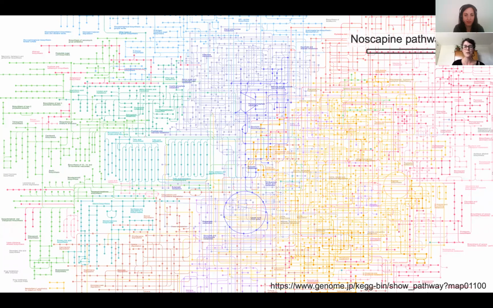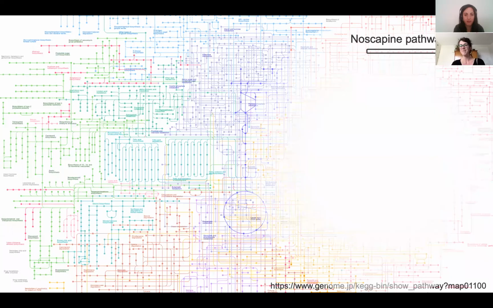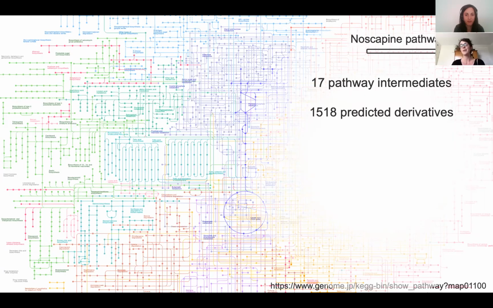And what we also learned is that this noscapine pathway is just a very, very small part of our initial KEGG map that we looked at. So if we now take one step back and think about it, we had 17 pathway intermediates, and from there we could predict 1,500 derivatives.